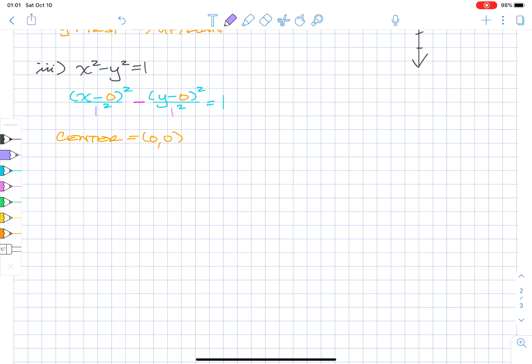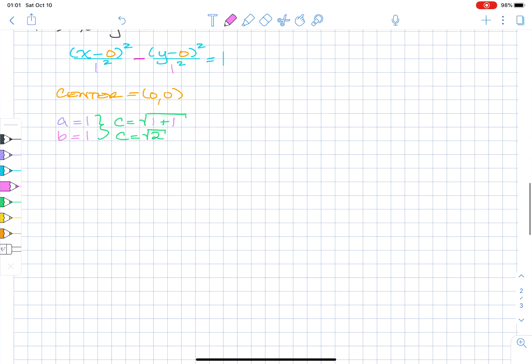Our A and our B are the same, namely both 1, meaning that C is going to be the square root of 1 plus 1, otherwise known as root 2. And the slopes of the asymptotes will be plus or minus b over a, which is 1 over 1, which is just 1.